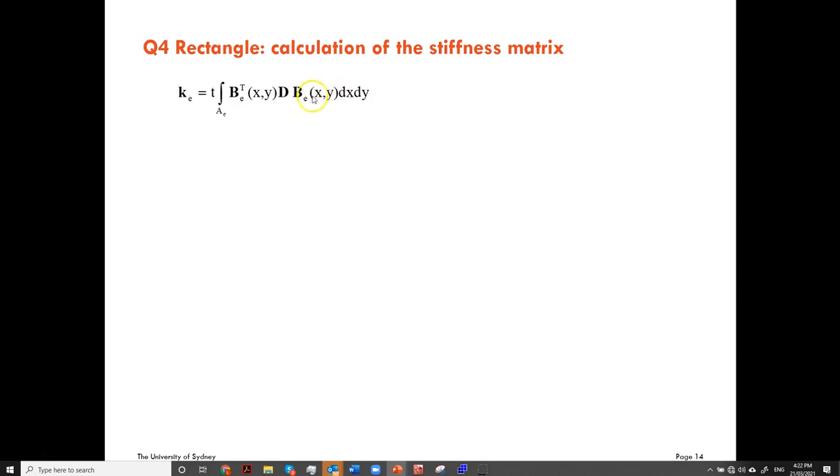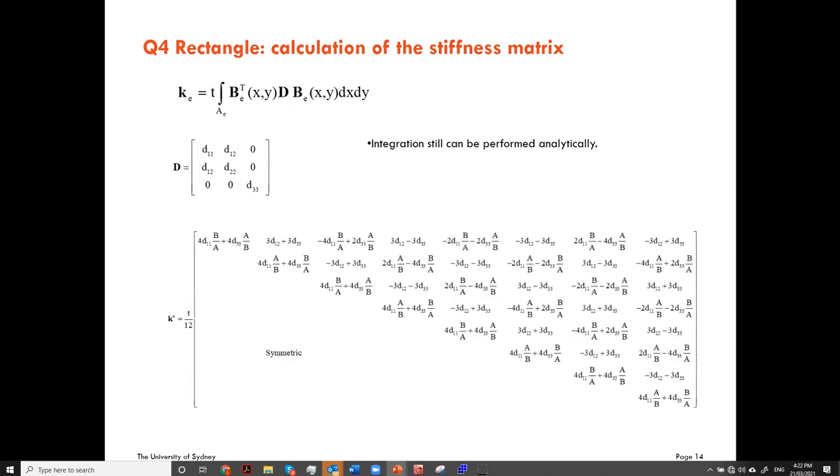And now it's going to be a bit more complicated to calculate the stiffness matrix because the B matrix depends on x and y. So it needs a little bit more work, but it's possible to do analytically by introducing the stress-strain relations. And the final solution is given here. So things start becoming complicated here for this rectangular element, but it's still an analytical expression.